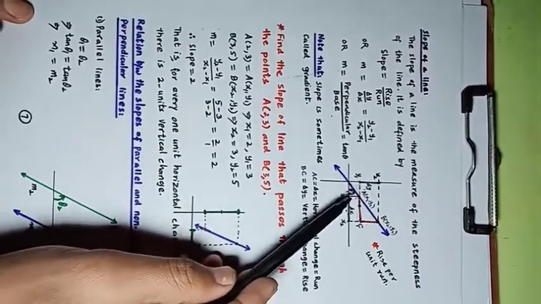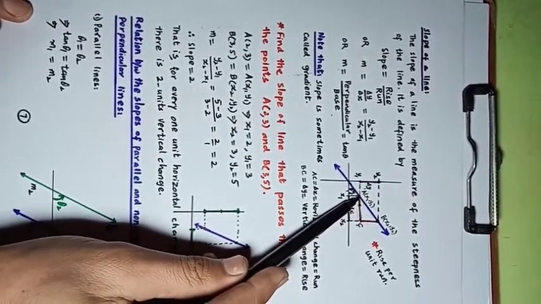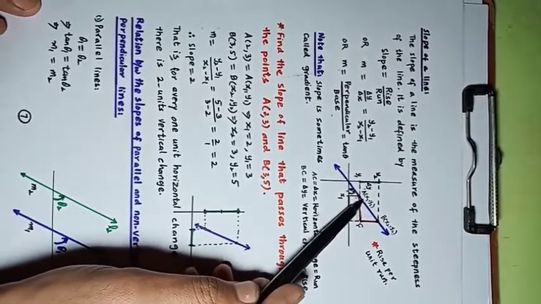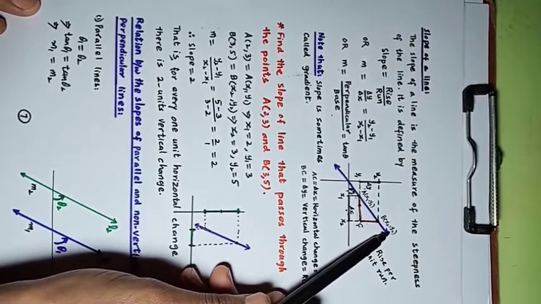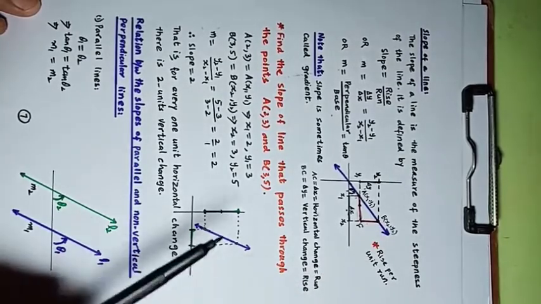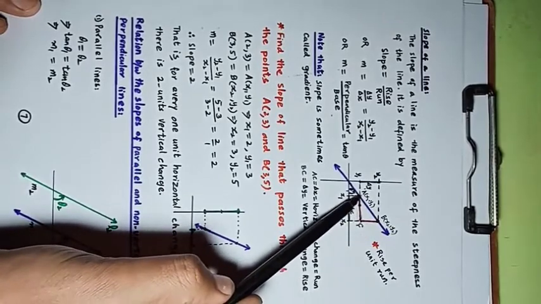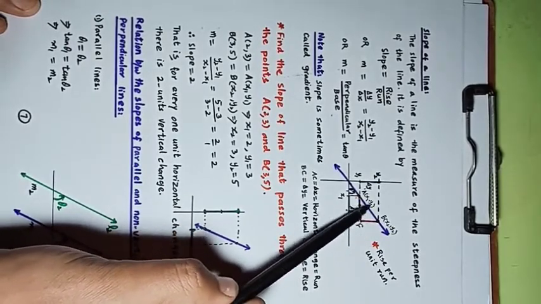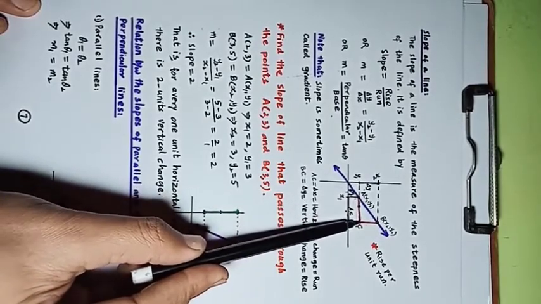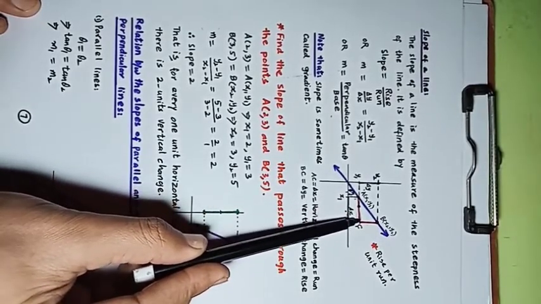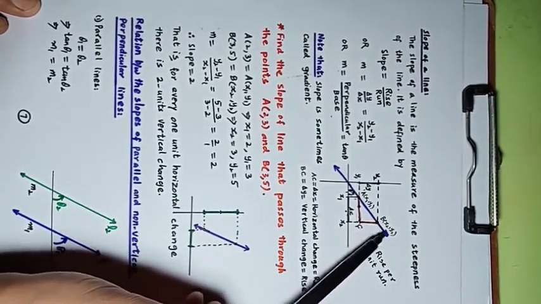Suppose here is a point A having coordinates x1, y1. When this point moves along the straight line to the point B having coordinates x2, y2, we have already observed that when the point moves in the plane on this straight line from A to B, it covers a distance of AC in the horizontal direction and a distance of CB in the vertical direction.